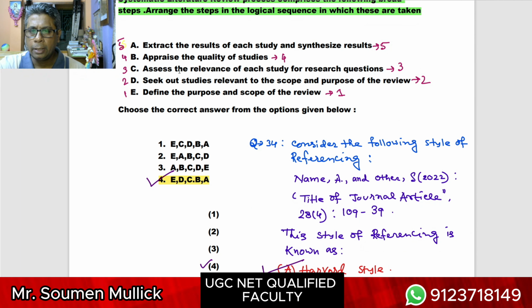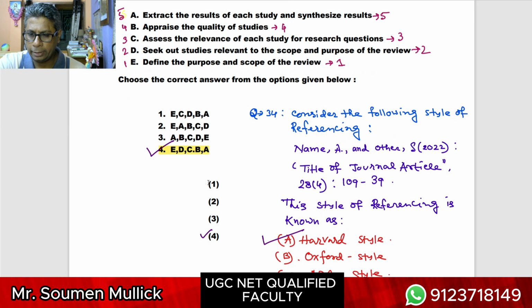Step 2, seek out the studies relevant to the scope and purpose of the review. First, define the purpose. Second, relevant to the scope and purpose. Third, assess the relevance of each study for the research question. 4, appraise the quality of studies. 5, extract the result of each study and synthesize the results. So option number 4, EDCBA, is the correct.